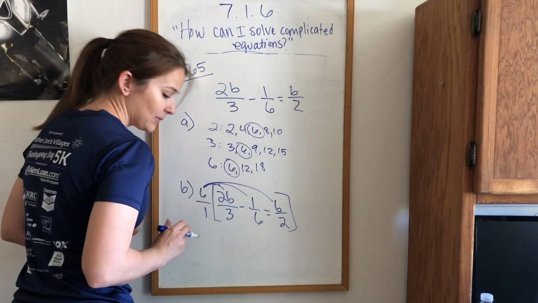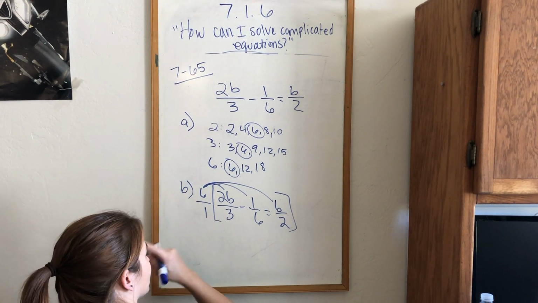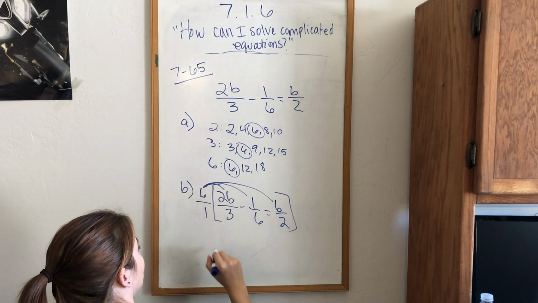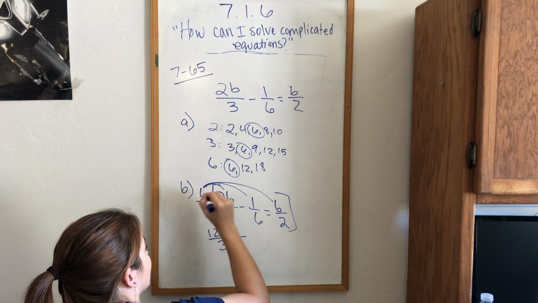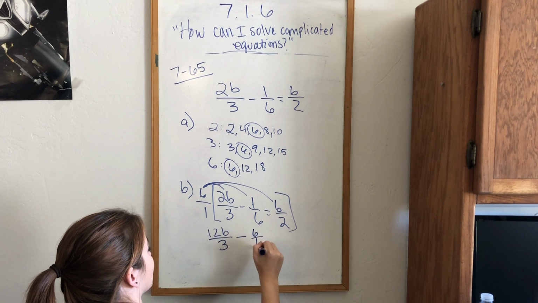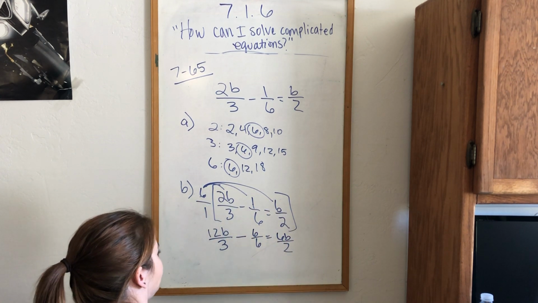I'm not going to work out all of the work this time, just for the sake of time. 6 times 2 is 12, keep the b, over 3. 6 times 1 is 6 over 6. 6 times b is 6b, keep the 2.